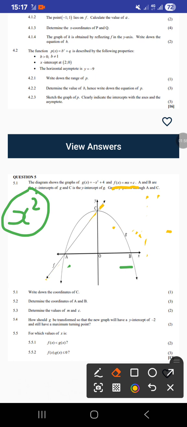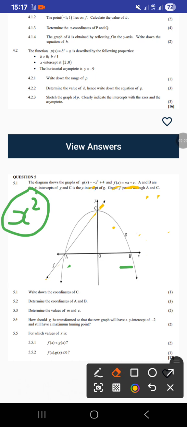And we can see by the shape of this graph that our graph is really sad. If we're dealing with a positive graph, it would be smiling, and our a wouldn't have been negative. Like here it's g of x equals negative x squared, and they wrote negative x squared because they knew that the graph was sad.